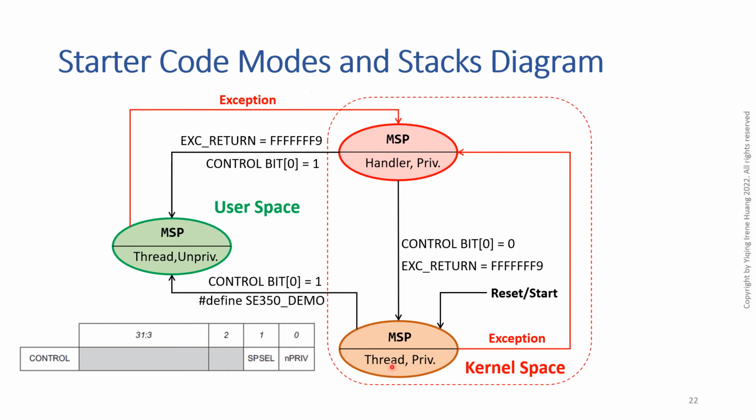Okay, so this is the starter code. In future labs, you're going to write some processes that run at privileged level. You're also going to write some processes that run at unprivileged level.